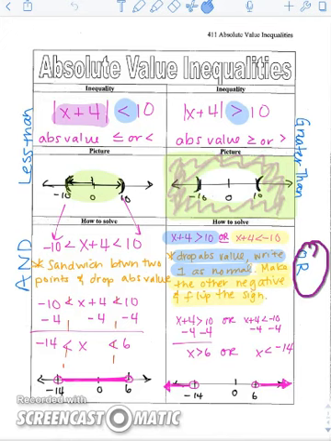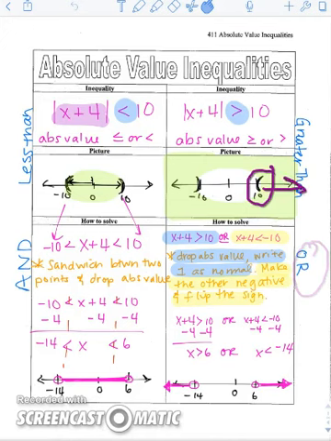And what happens here is I have an or: x plus 4 is greater than 10, or x plus 4 is less than negative 10. So here it must be greater than 10, or it must be less than negative 10. That's where I'm getting these two inequalities from. I make the first one, I keep the sign, I drop the absolute value, and I solve it.